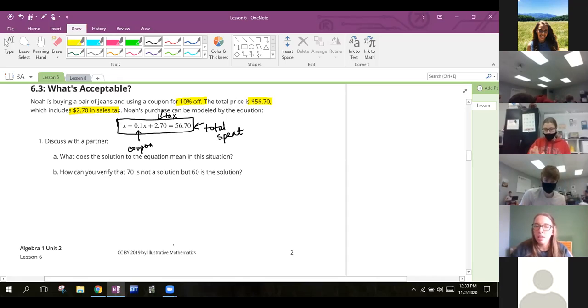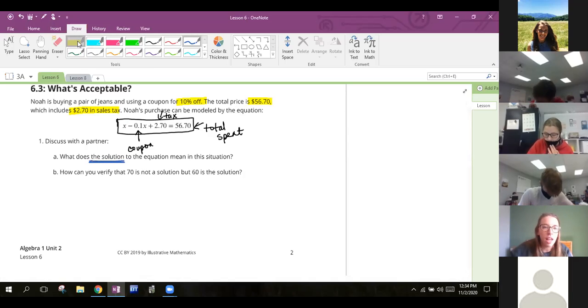Okay, so let's look at number 1. It says, what does the solution to this equation mean in this situation? So if we were trying to find the solution, what would we be finding? The answer, the x value. Okay, so what is that x value going to tell us?